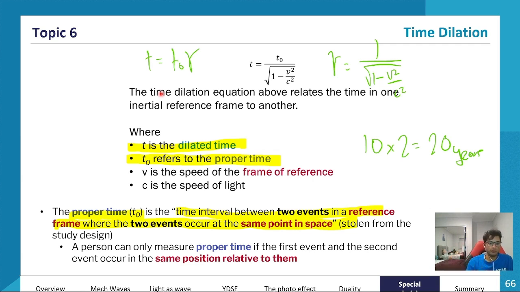While he only experiences like 5 or 10 years, the people back on Earth experience 100 years. That's why astronauts who go to space age slower than us on Earth because of time dilation. Because they're traveling at such a fast speed, their time essentially slows down relative to us.